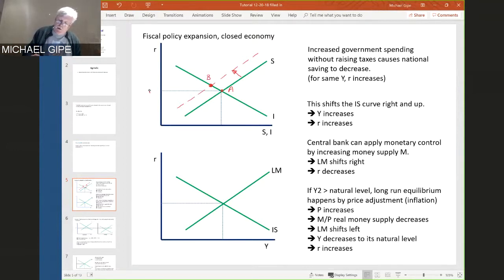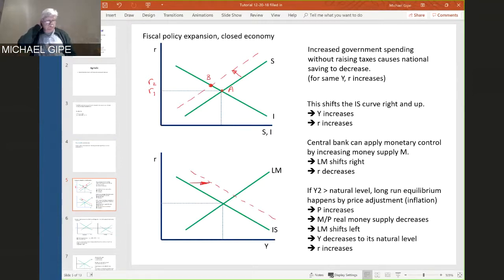And at the same time, this will cause a new interest rate to happen. The interest rate goes up. And of course, this action, the reduction in savings, will shift the IS curve right and up. And so this curve in the ISLM graph will be shifting to the right, like that.